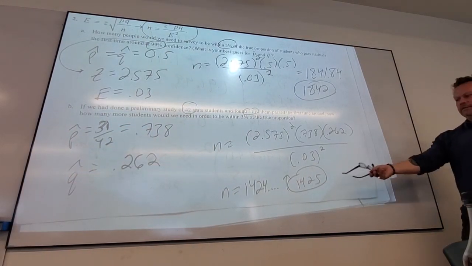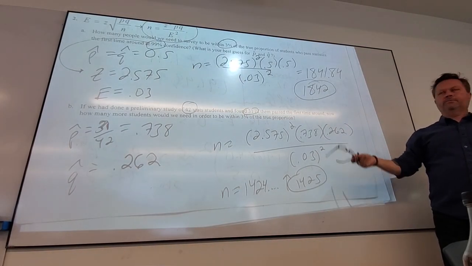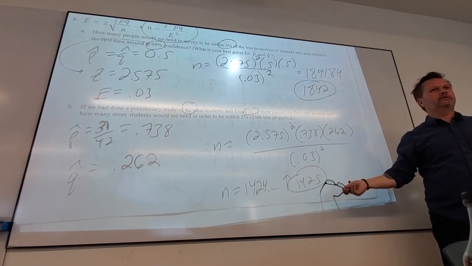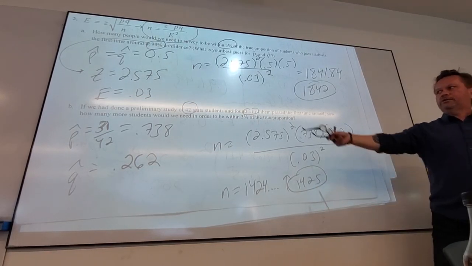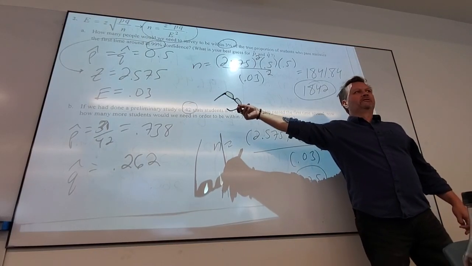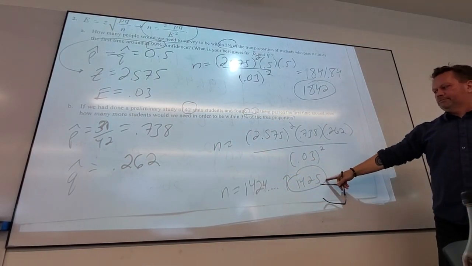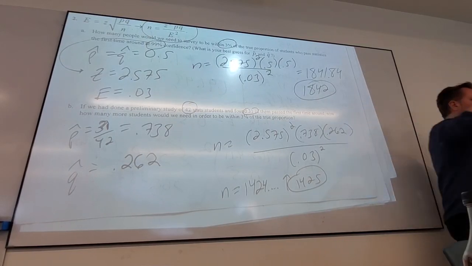Now, real quick, on this example, they're both decently large numbers, but isn't this more than 400 less people that you have to talk to? And even beyond that, didn't we already talk to 42 people? So could you tell me how many more students we would have to talk to?